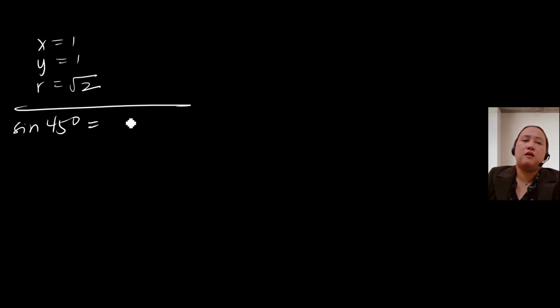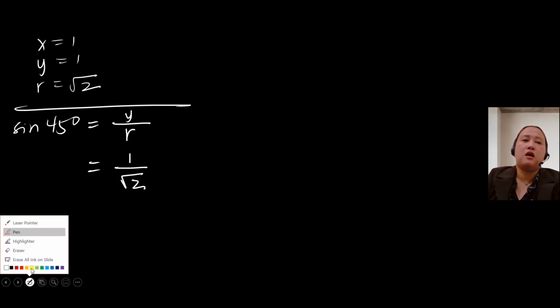Since we already have a value for the theta, we're just going to write it. And knowing that sine is y over r, or ordinate over the radius, again, ordinate over the radius. So we have y, which is 1, and then r, that is square root of 2.